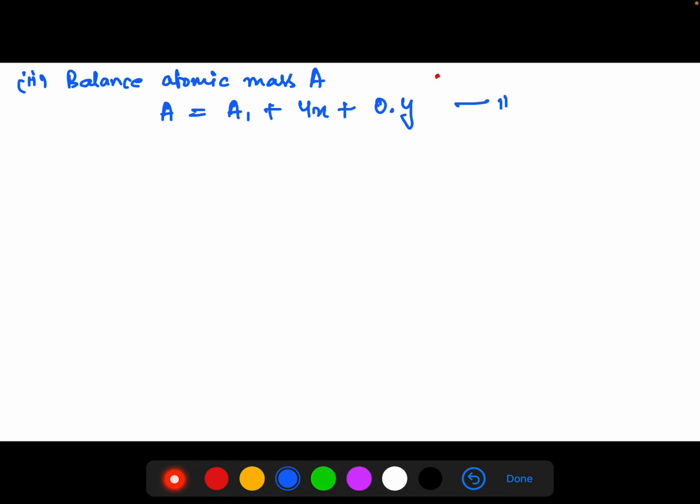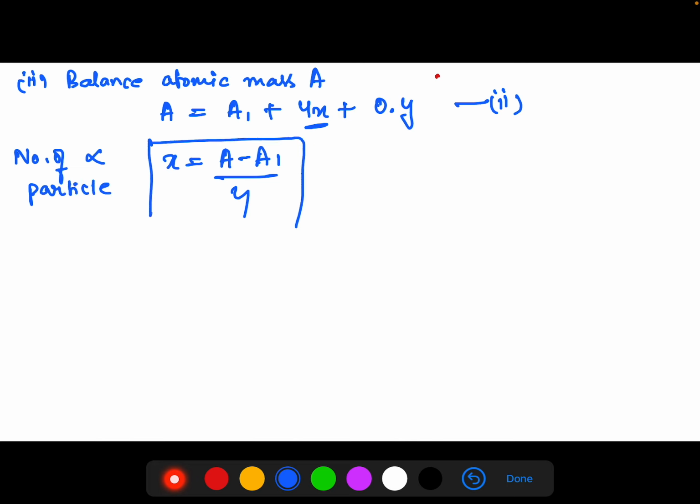So this is equation number 2, and from here we can directly get the x value. x is equal to (A minus A1) by 4, and this is the number of alpha particles.